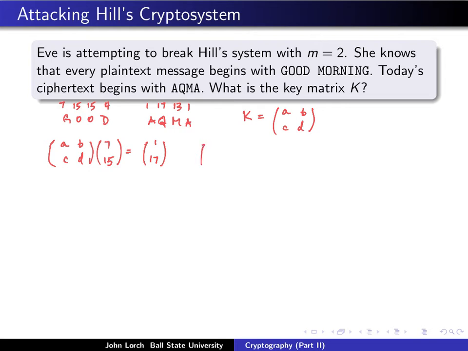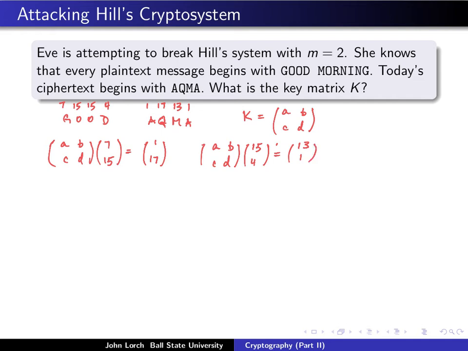I also know that if I take my key matrix and multiply by the next 2 characters of my plaintext, that would be 15 and 4, then I'll get the next 2 characters of ciphertext, which would be 13 and 1.